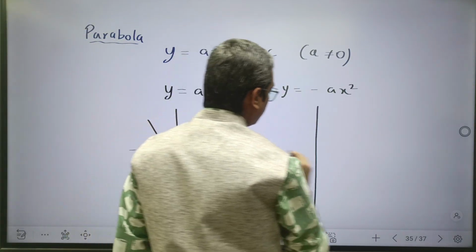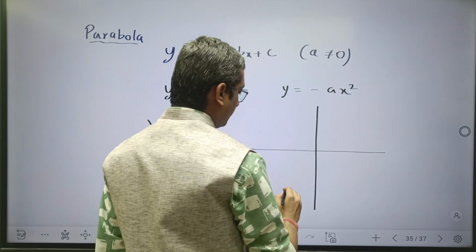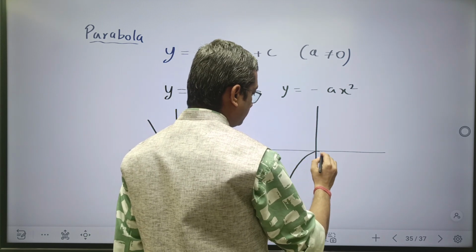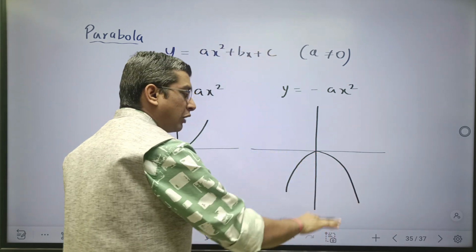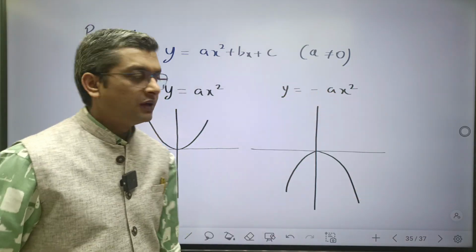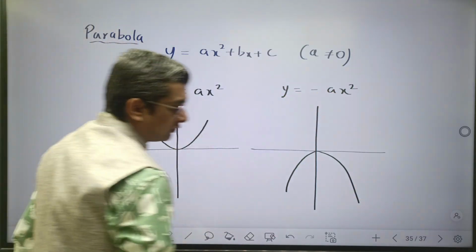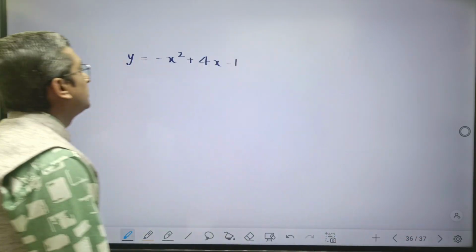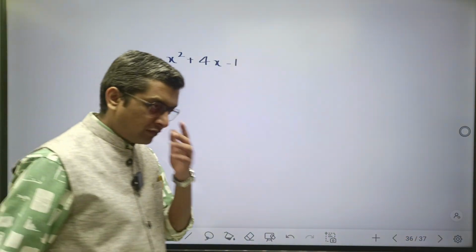And if you plot this curve, the graph would be like this. The graph opens downward because here the constant before x square is negative, isn't it? So let's have some examples by following some steps.